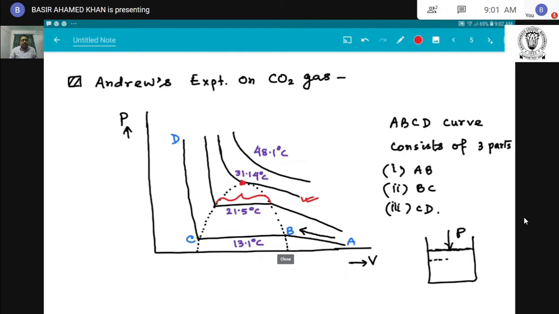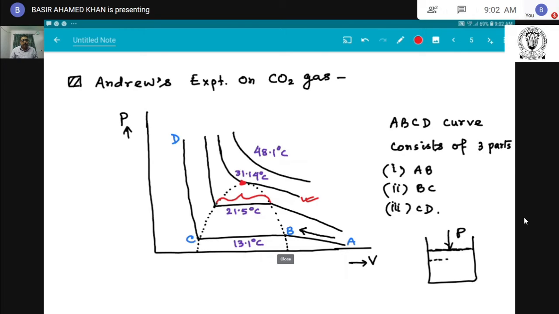Here I repeat: the horizontal portion just disappears for the isothermal curve at 31.14 degrees centigrade. This means the specific volume of the vapor just before condensation is equal to that of the liquid after condensation.